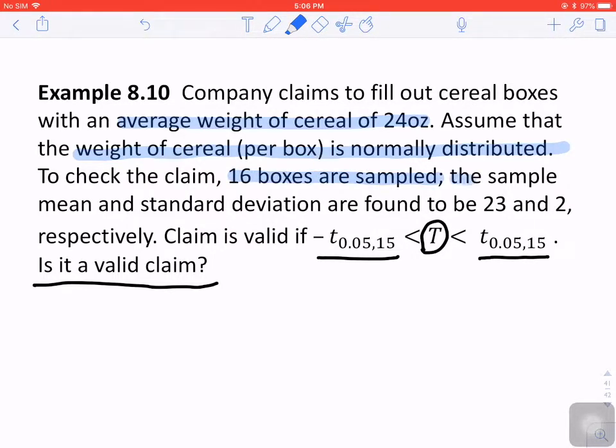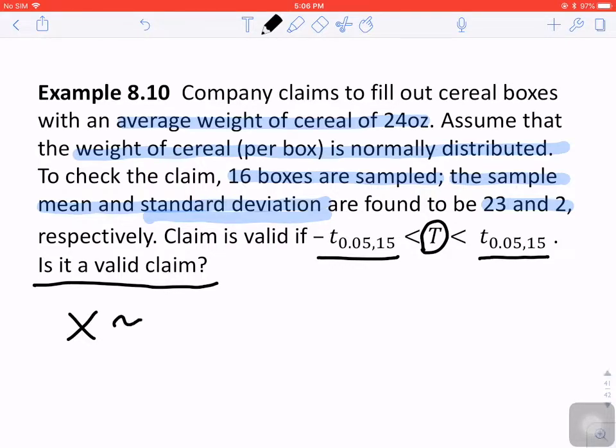We also know the sample mean and standard deviation to be 23 and 2 respectively. Notice that the sample mean and standard deviation means the sample mean and the sample standard deviation. This standard deviation does not refer to the population standard deviation. It refers to S.